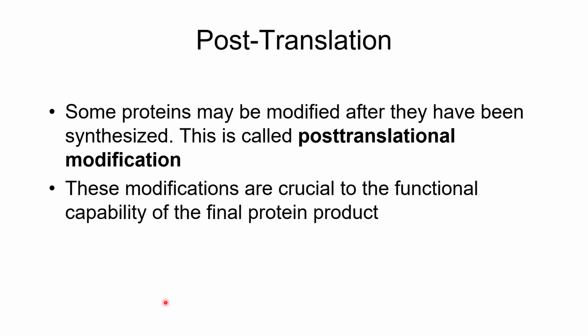And we do have some post-translational modification. So some proteins can be modified after they've been synthesized, but we're not going to really spend a lot of time on that. You can take cell biology, and we'll talk a lot more about that in cell biology. That, in a nutshell, is translation and proteins.